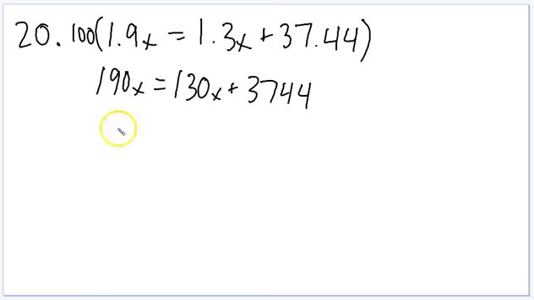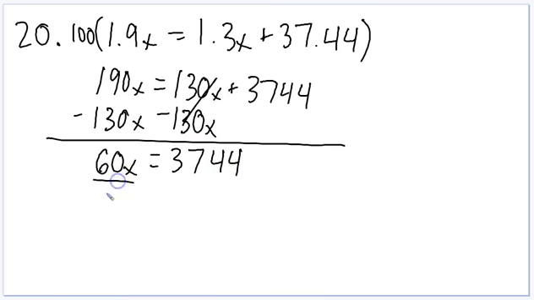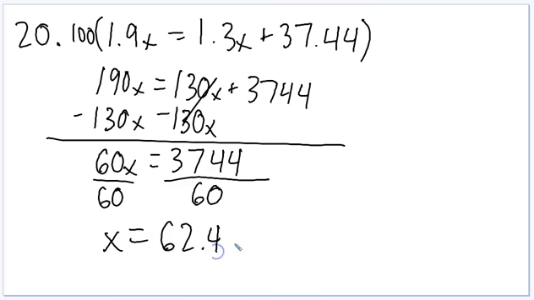So we're trying to find x. I get 60x. That's gone, equals 3744. Divide. And when I divide, I'm going to get x equals 62.4.